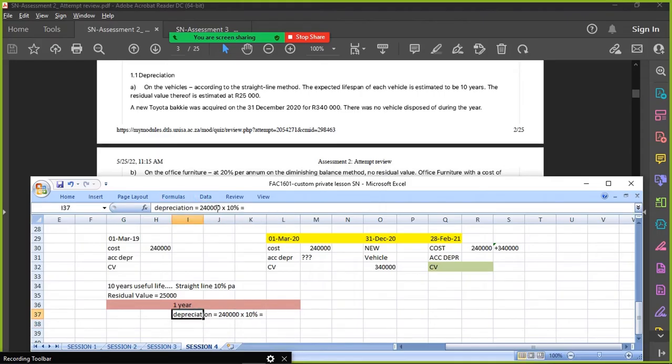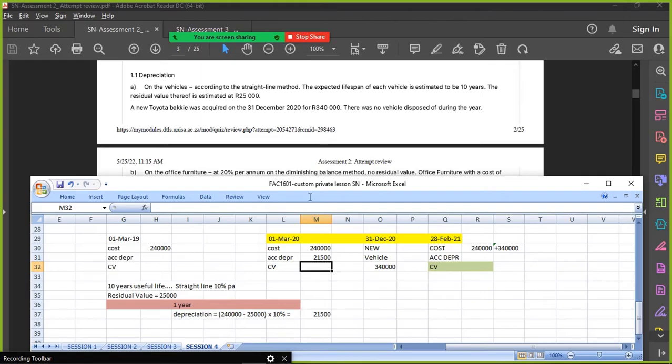Be careful. Residual, minus the 25. So 240,000 less 25, close brackets, times 10% is 21,500. Okay, which gives me a carrying value.